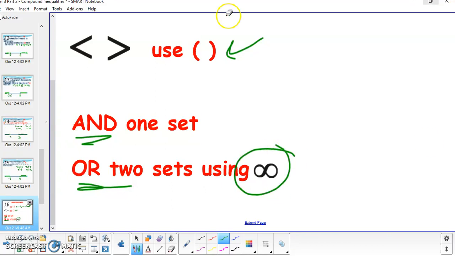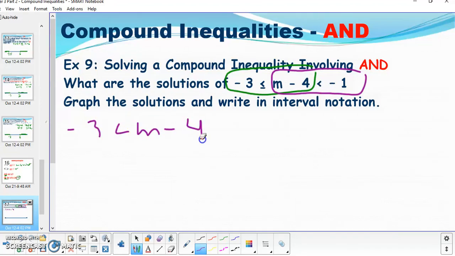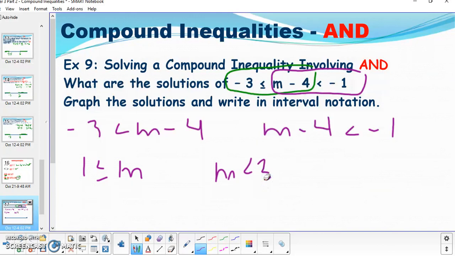So let me show you what I mean through an example. What are the solutions of an and problem? Because I don't see any separations. So I have to create my 2 equations with my and problems. And here they are. They overlap. So -3 is less than m minus 4, and m minus 4 is less than -1. When I solve it, I get 1 is less than or equal to m, and m is less than 3, for both sides.